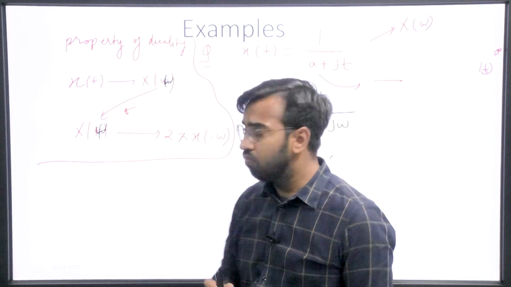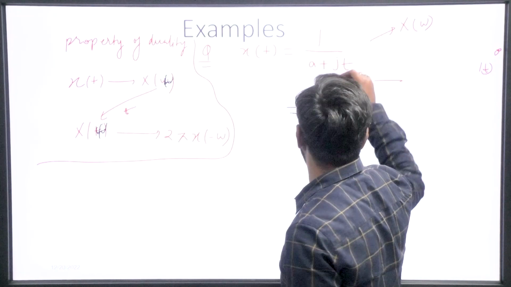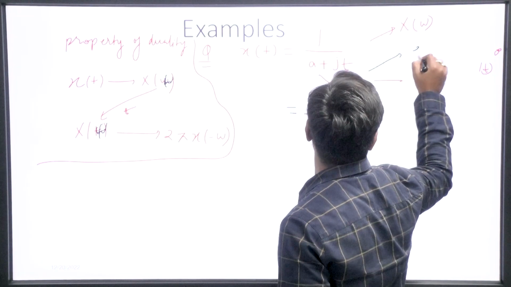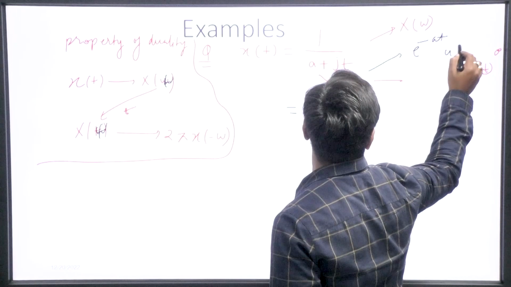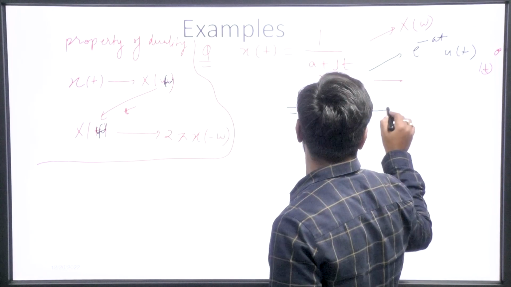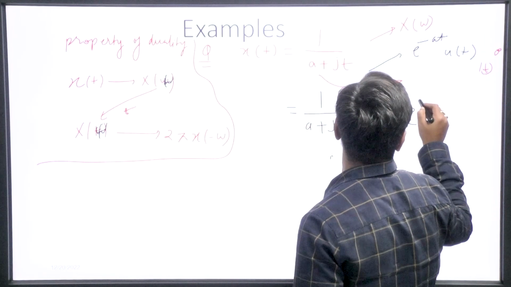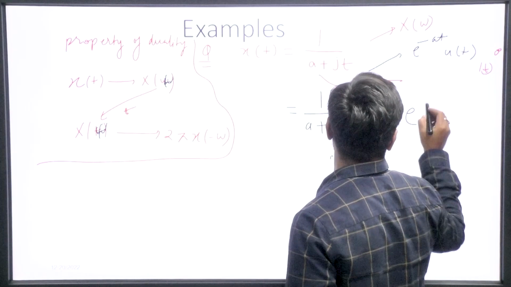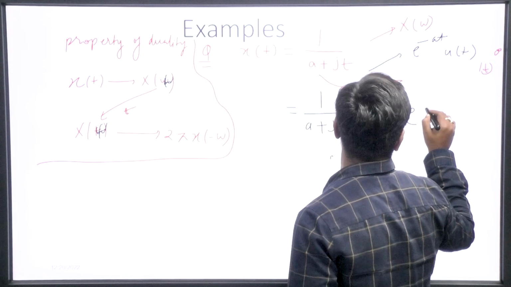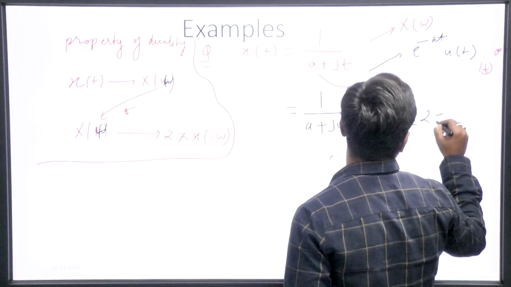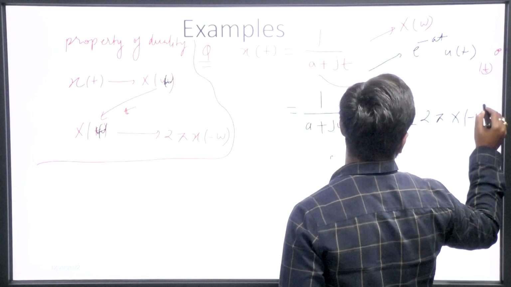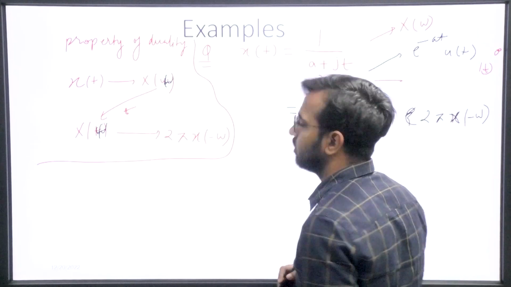Now, we know that this form is the Fourier transform of the function e to power minus a t u(t). So, we will write 2 pi x(minus omega).